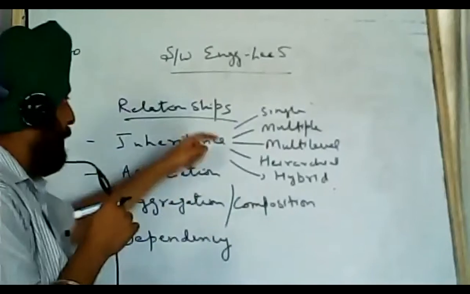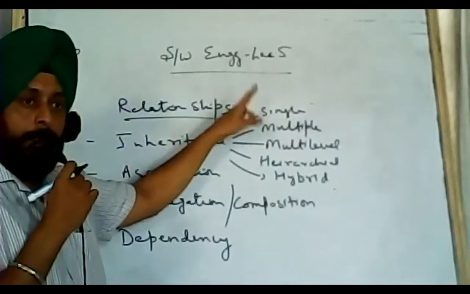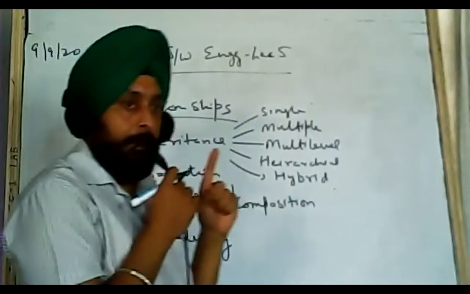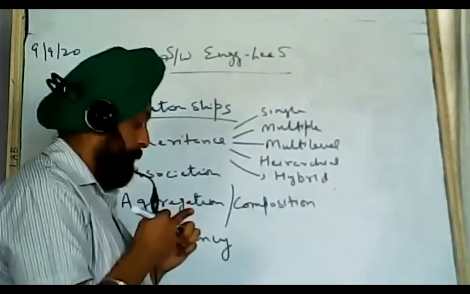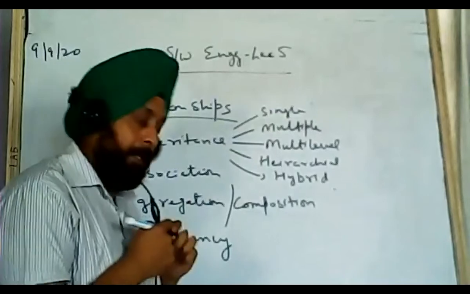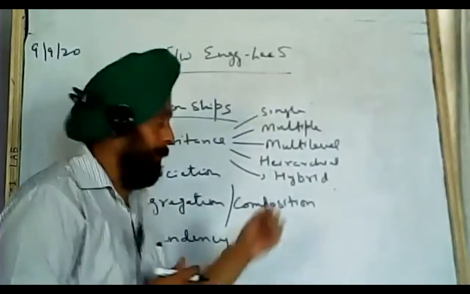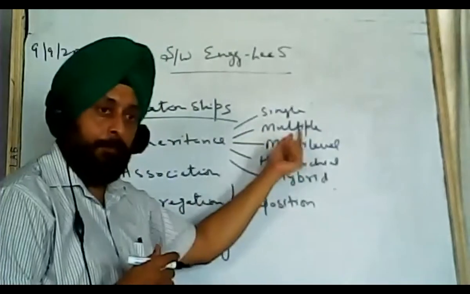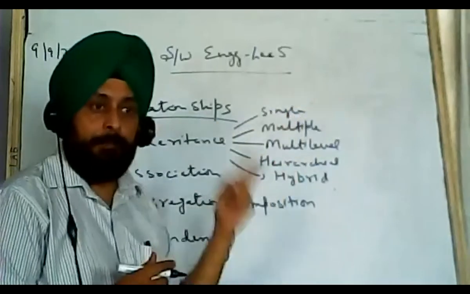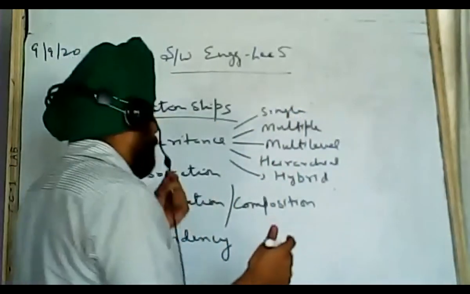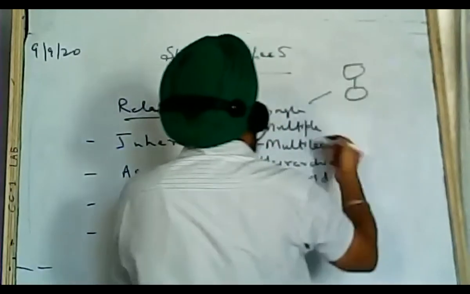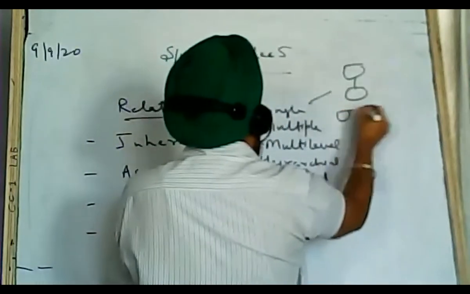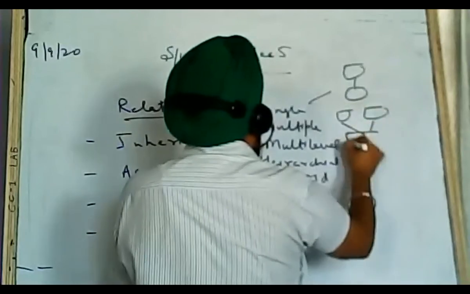Single inheritance is a type of inheritance where there is only one base class; a new class is derived from a single base class. Multiple inheritance is where one new class is derived from two base classes, minimum two. It can be more than two. In multiple inheritance, you can say the diagram is like this.